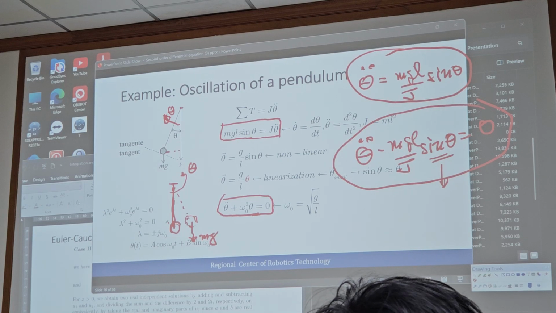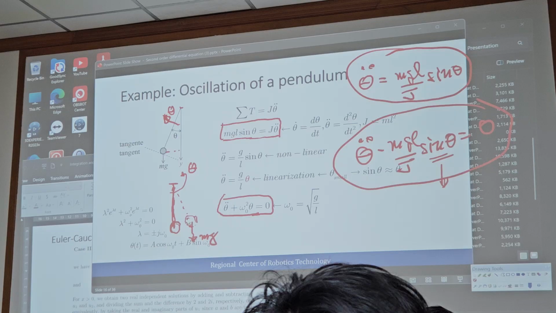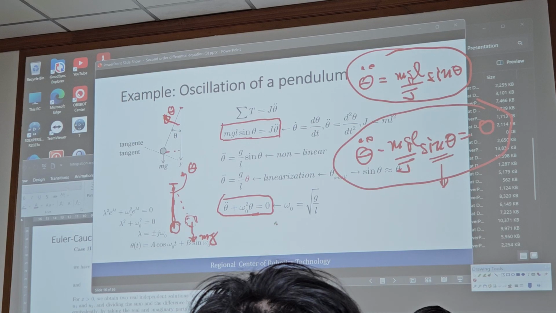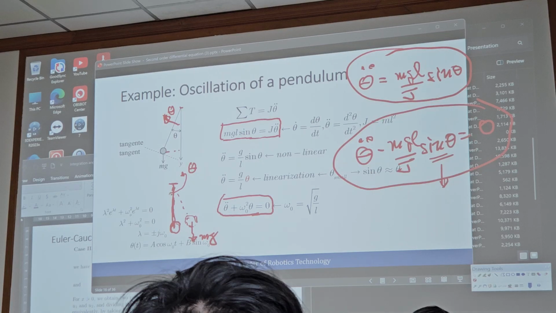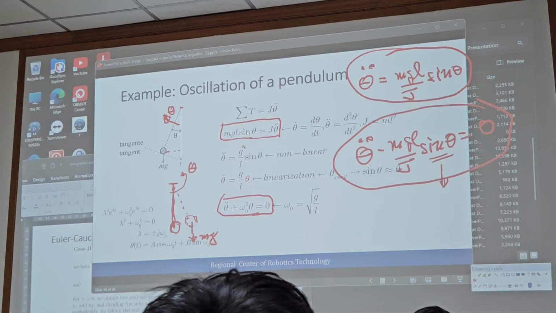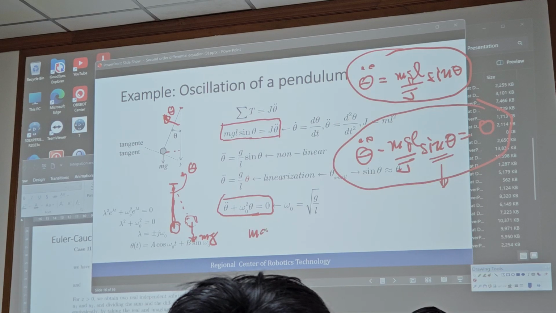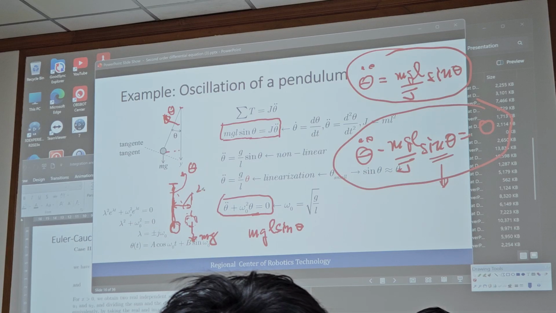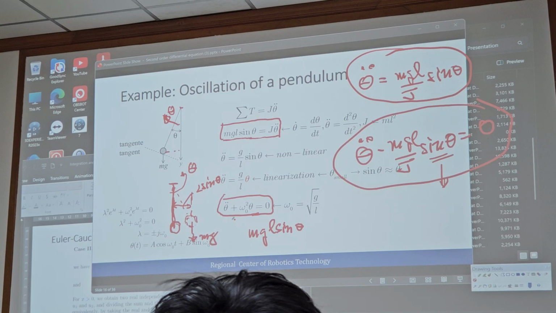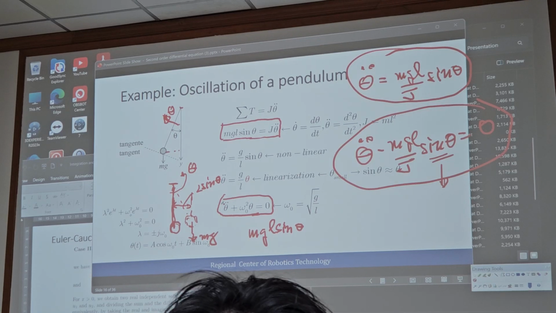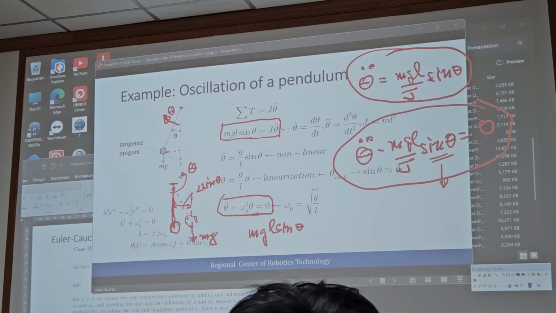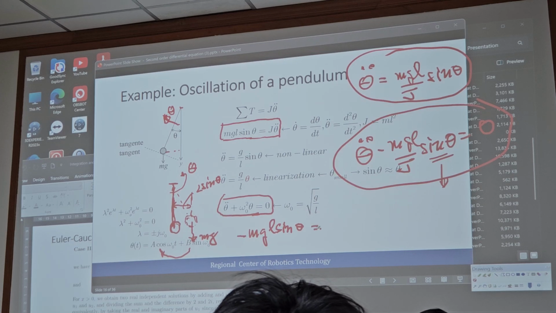In this case, we have mg L sine theta, but actually this top rotates in this direction, and theta will be this one, so you can put minus equal to J theta double dot.